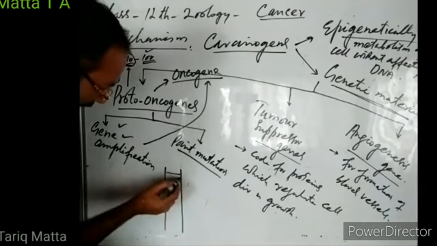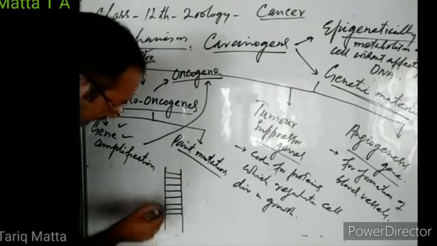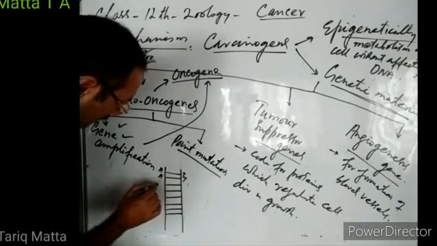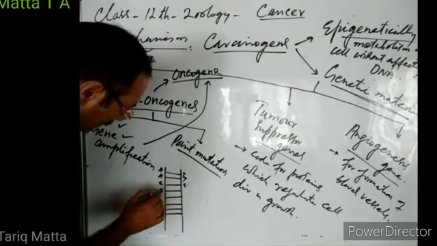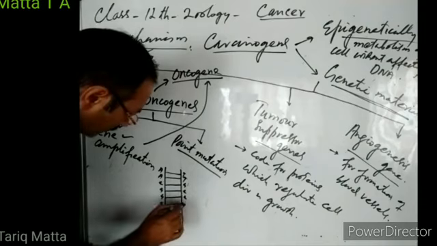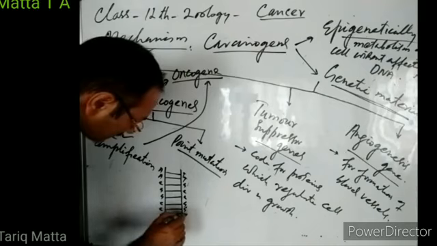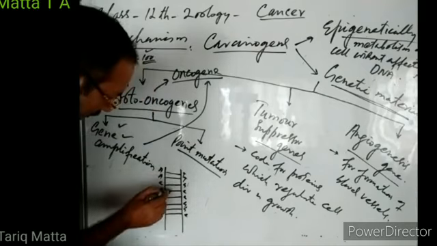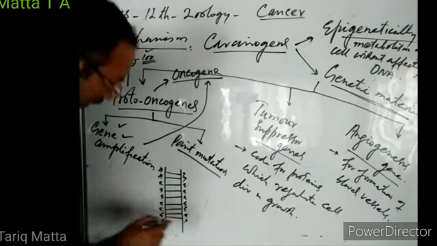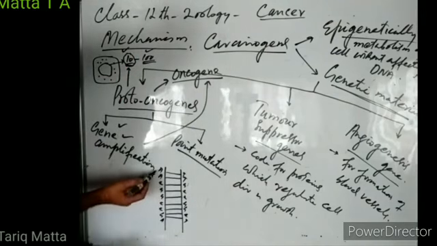Suppose this is a gene; it has a specific sequence of base pairs: adenine, thymine, adenine, thymine, cytosine, guanine, guanine, cytosine, guanine, cytosine, cytosine, guanine, cytosine, guanine, guanine, cytosine, right? Adenine, thymine. Suppose this is a gene. It has a specific sequence of base pairs.